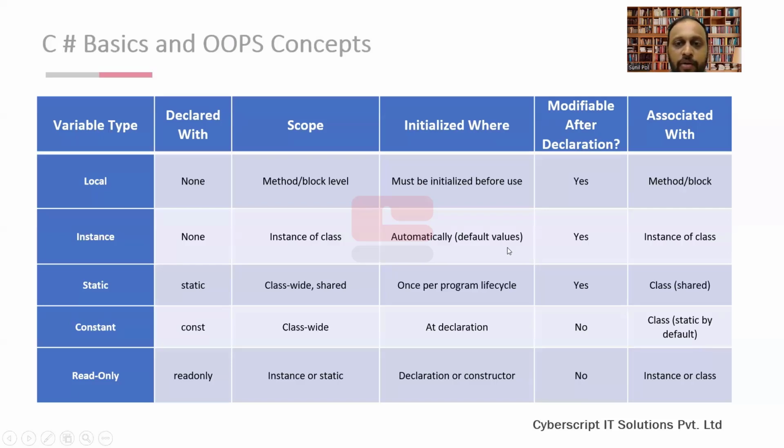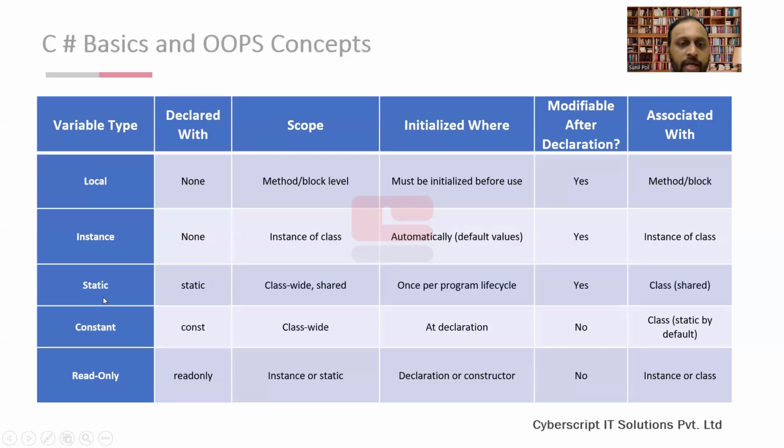So if you haven't assigned any value to an instance variable, then it will take a default value of its data type. So for integer variables, it will take 0, and for string variables, it will take null. And we can modify an instance variable after its declaration as well as after its initialization. And it should be associated with an instance of a class.